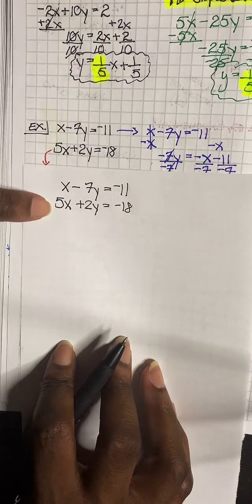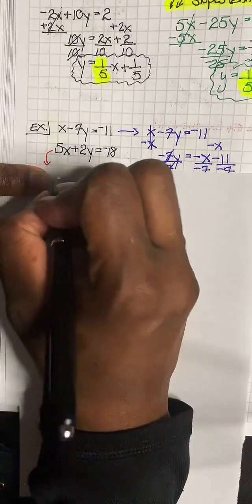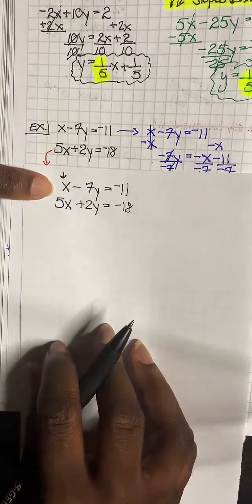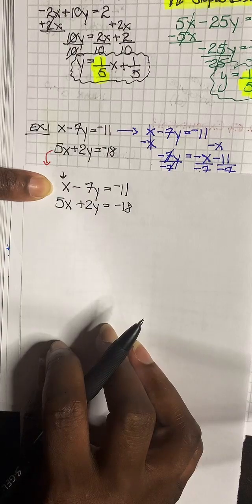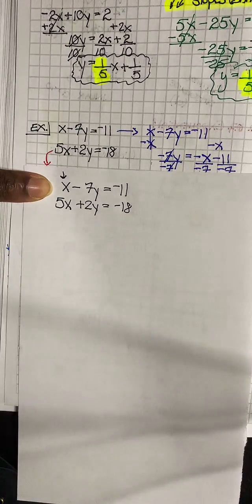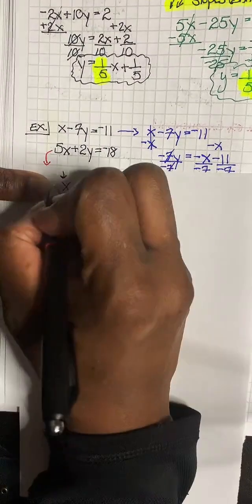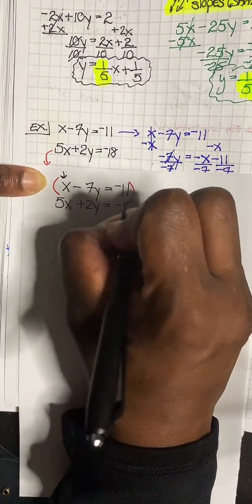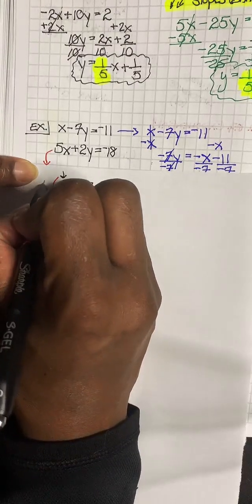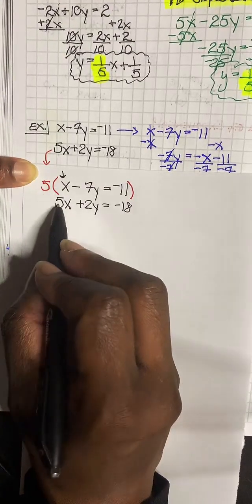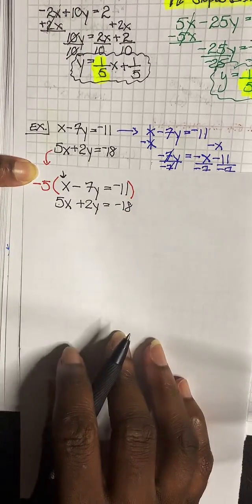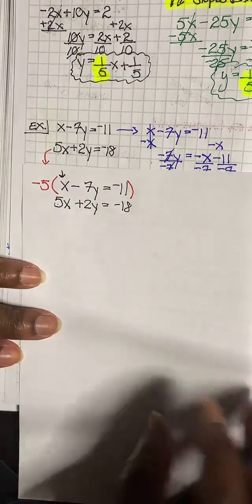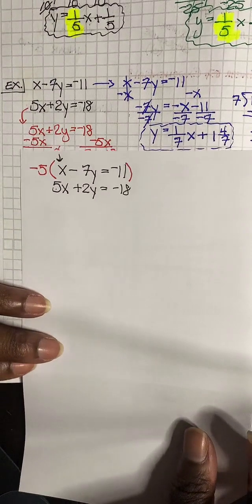In order for me to cancel out my x's, because that's what I want to eliminate, first they have to be the same number, and second, they have to be different signs. So if I took this x, I need to multiply the whole thing by not just 5, because then it will be the same numbers, but I need for it to be a negative 5. You're going to see why in a moment.